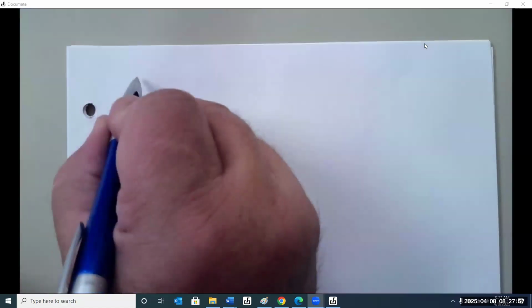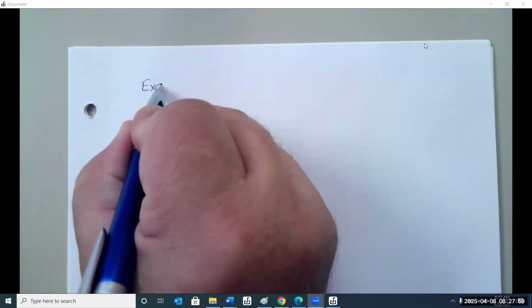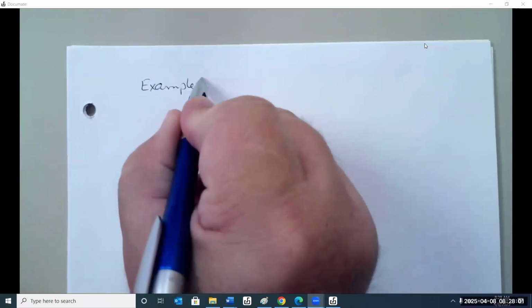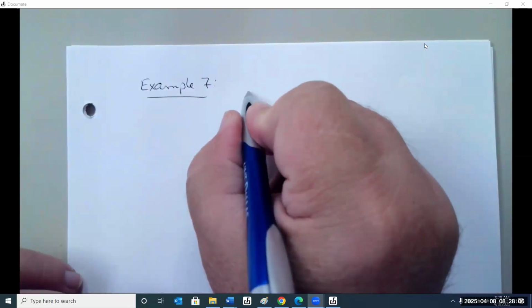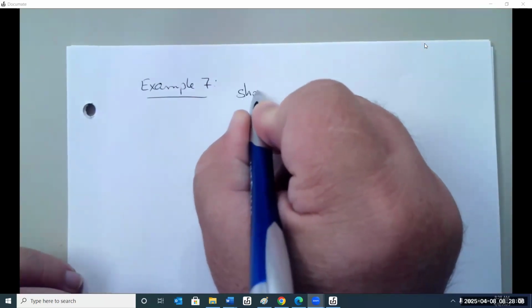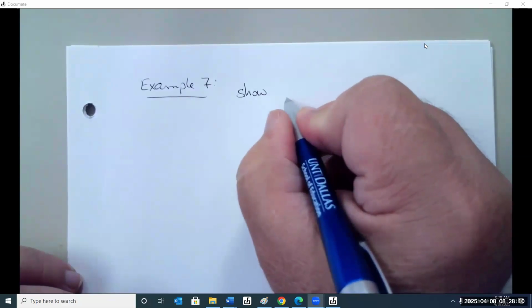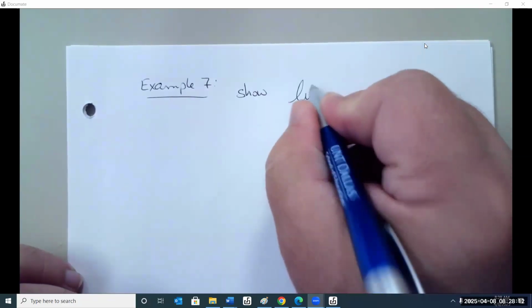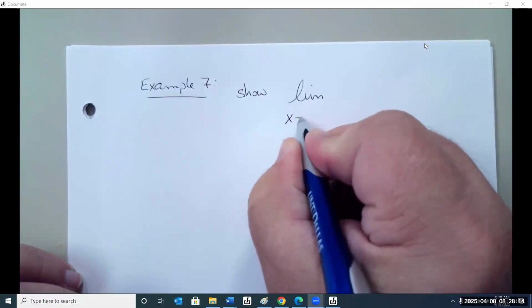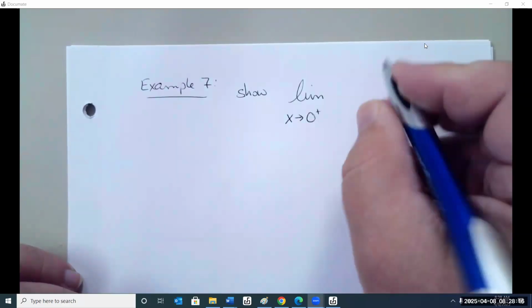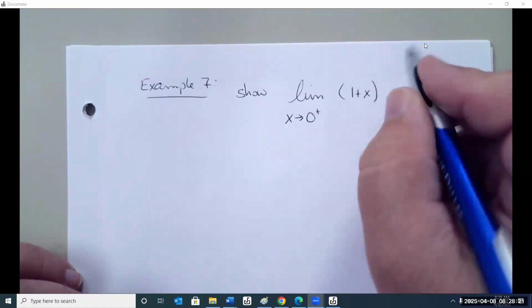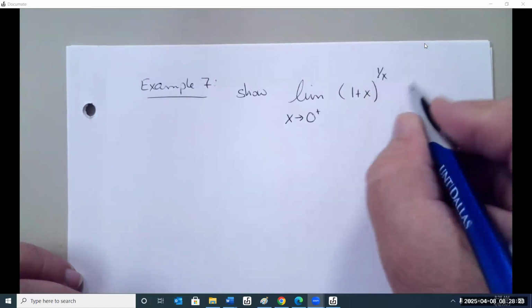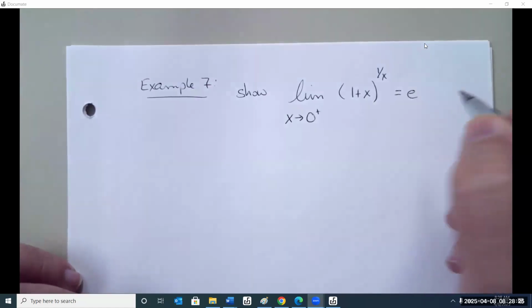So show that the limit as x approaches 0 from the right of 1 plus x to the power 1 over x is equal to e.